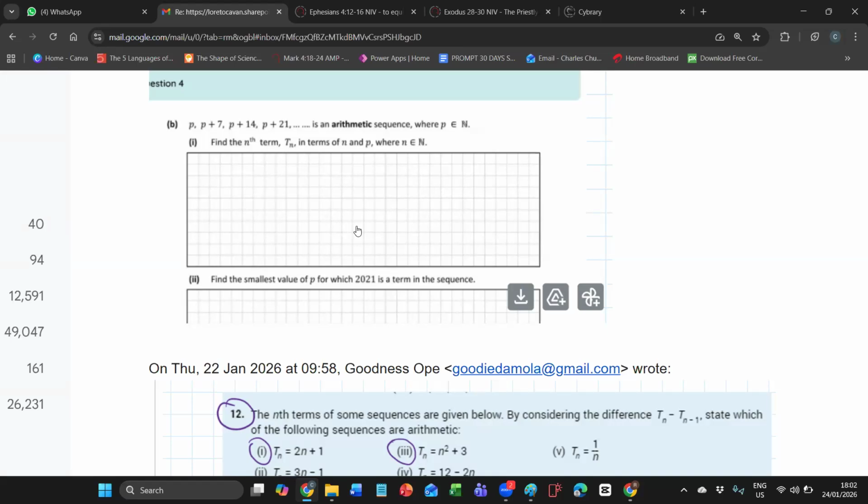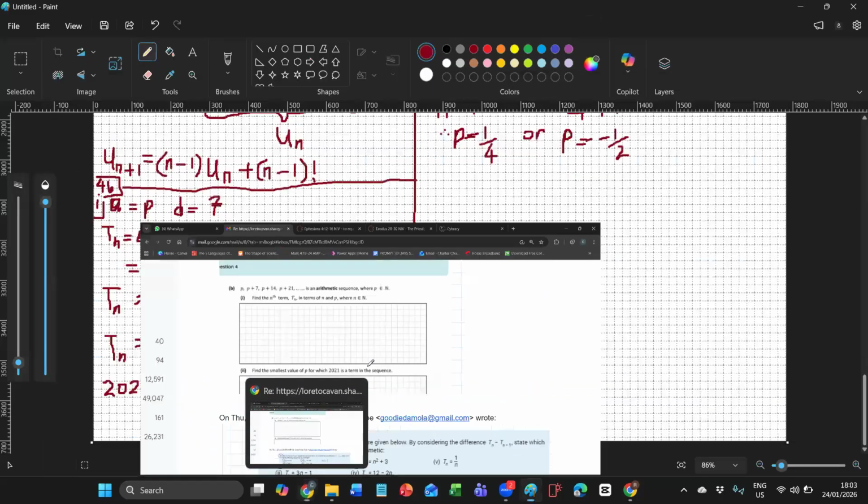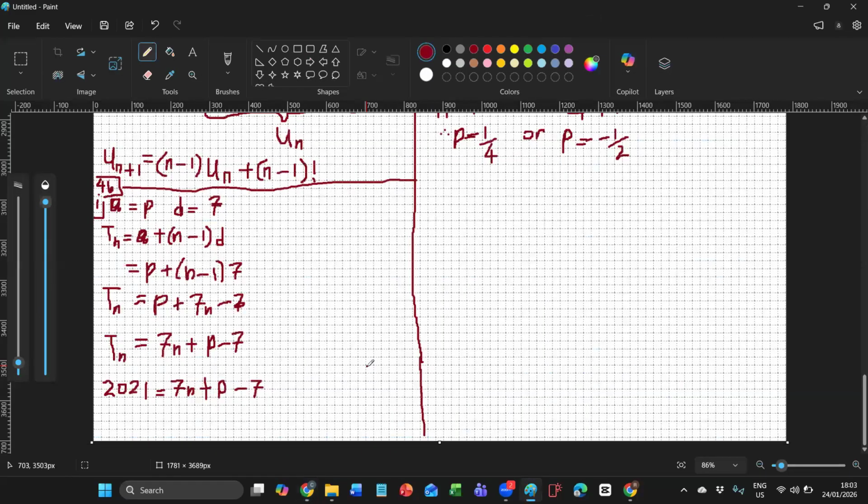Okay, let me see. Is there any other deduction we can make? P plus 21, continuous equation. Something should be able to clear out. Okay, we're having two unknowns.